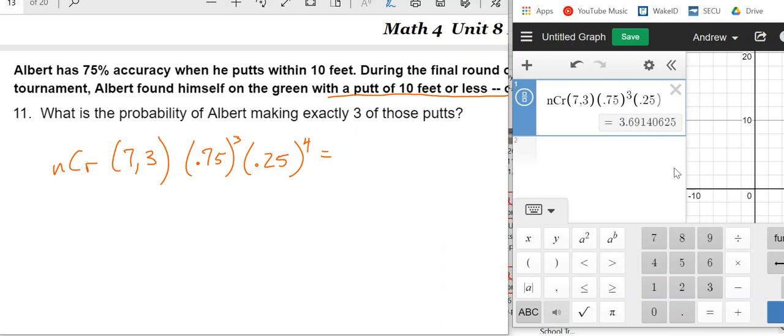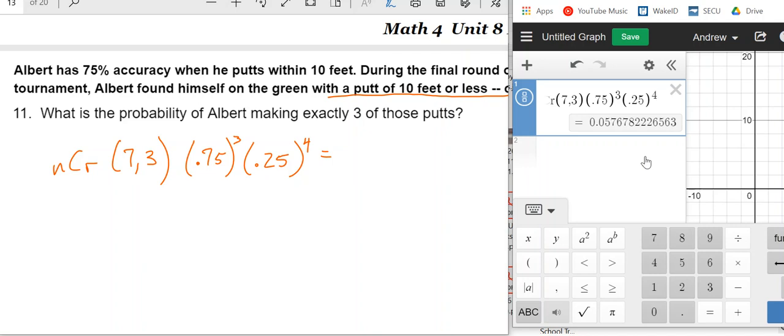I have noticed that when I hover over here it gives me the little hand instead of a cursor. If I click it, it will X out the whole box and I'll have to start over again. I think I finally figured that out. I'll click here and then just arrow to the right. And then I can do a to the b, the fourth power, and there's my decimal.